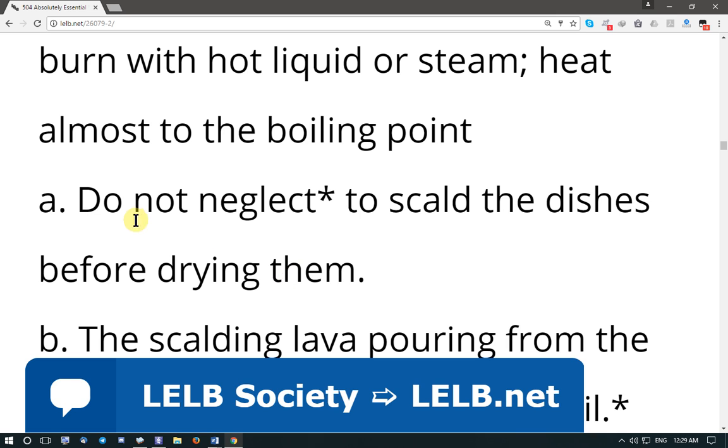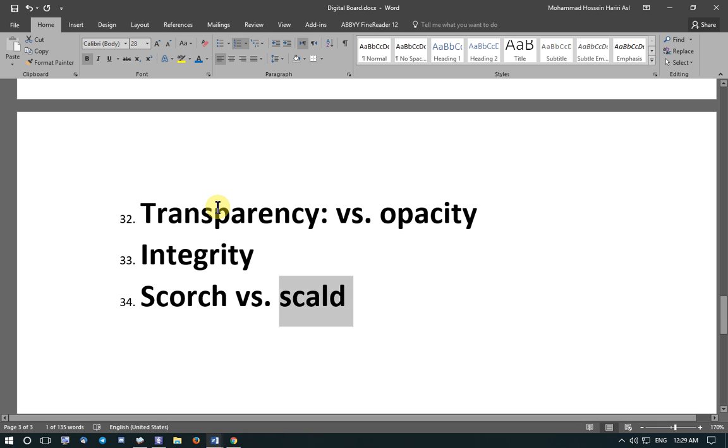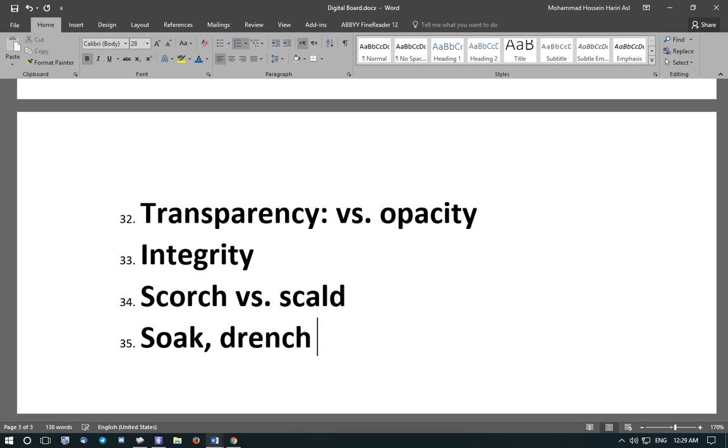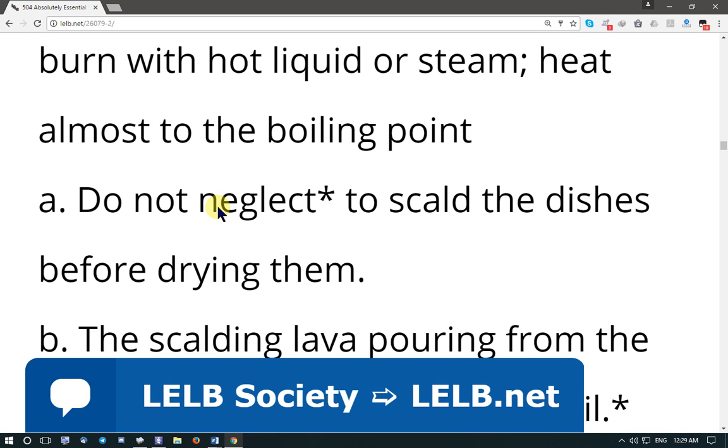If you want to wash the dishes, first you need to soak them or drench them with hot water or boiling water so that it will be easier for you to disinfect them, to wash them.